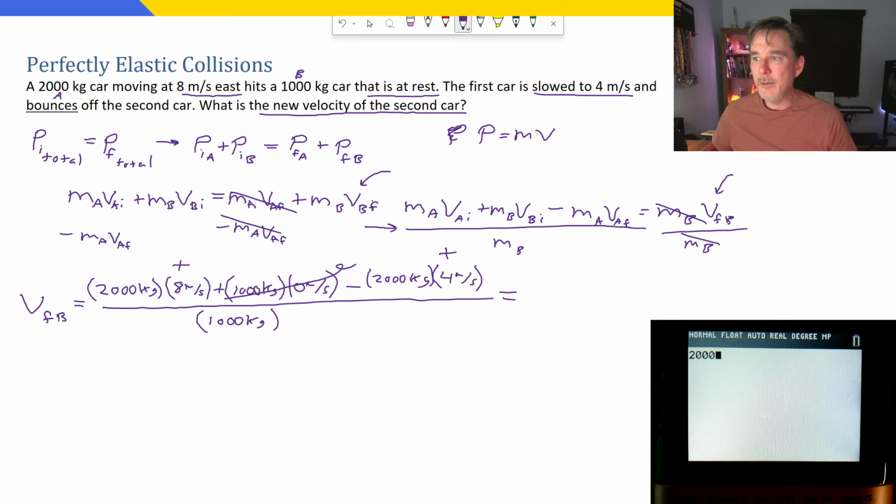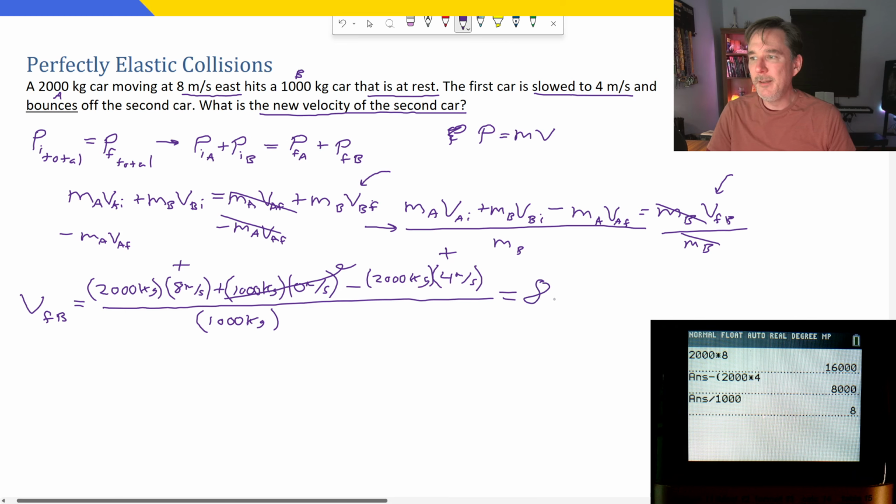So 2,000 times 8 meters per second minus, I'll put this in parentheses, 2,000 times 4. Okay, so divide that by 1,000. And my answer is going to be, according to the calculator, 8.